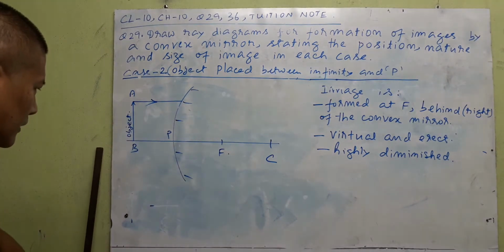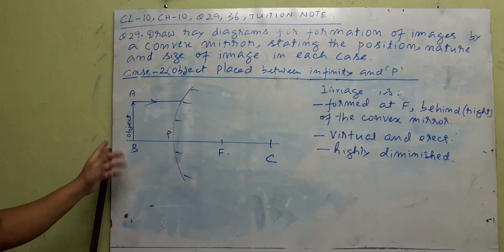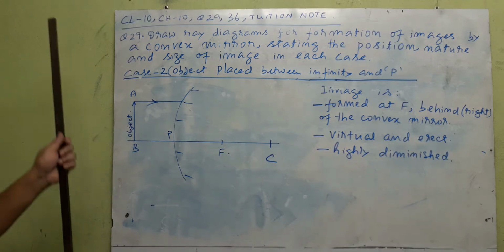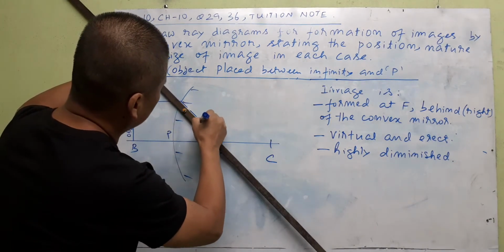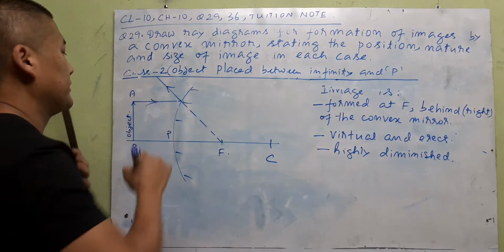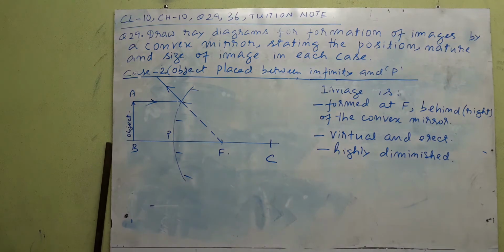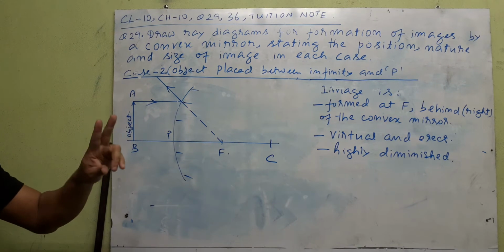Then this is the incident ray. We know the rule, it will go to focus if it's concave, or if it is convex, then the parallel ray will look as if it's coming from focus. So broken rays you draw on the right, full on the left, and this is the actual reflected ray, right? So do that. And then we need two rays to get an image too, right?